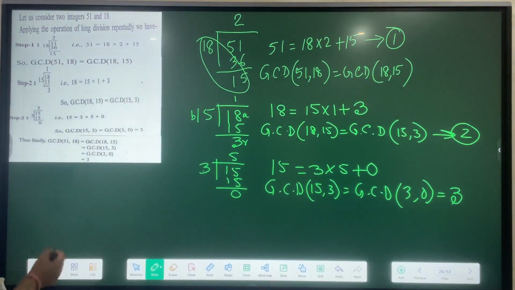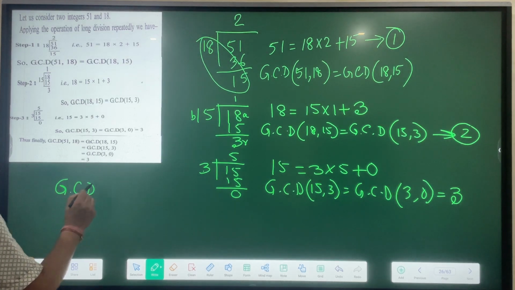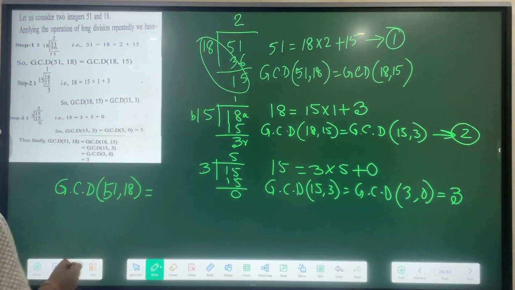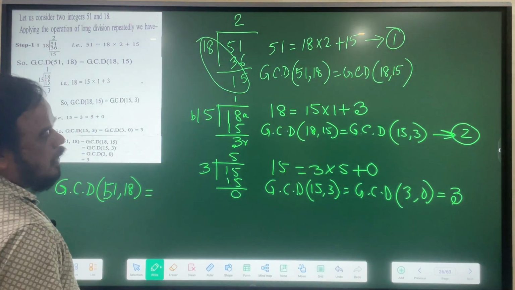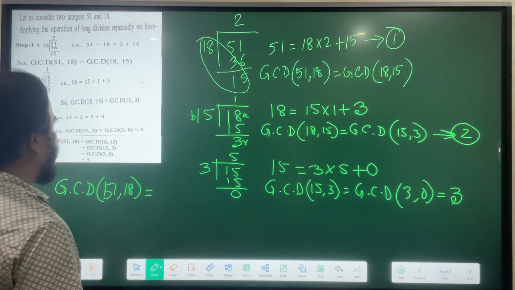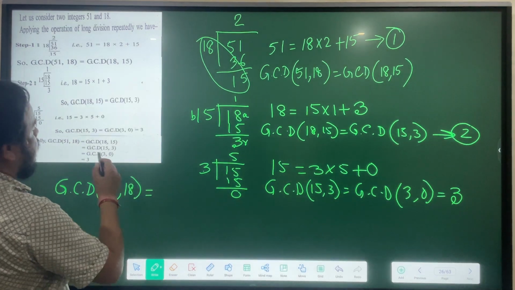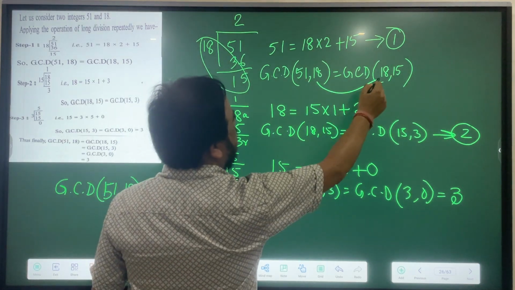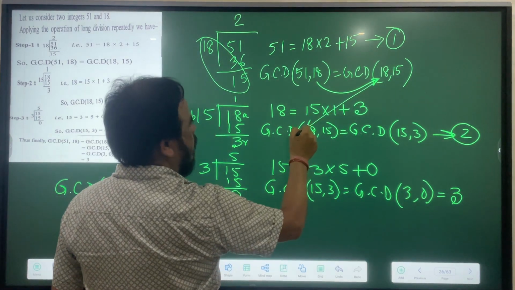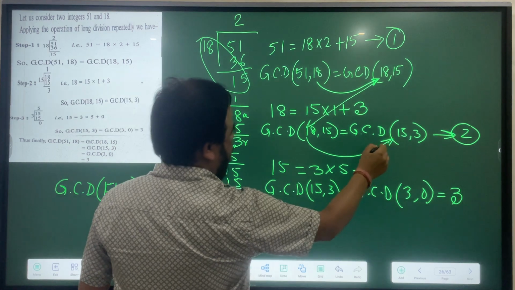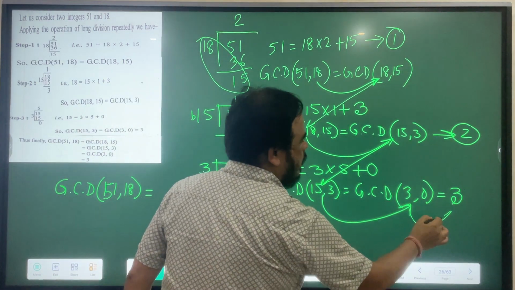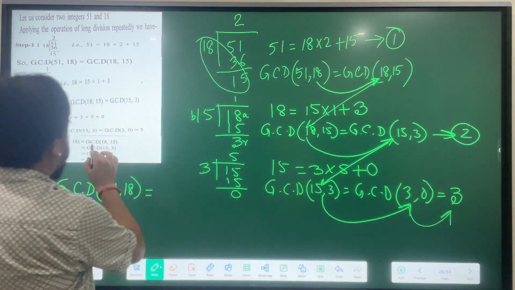So finally what we have got? GCD of 51 comma 18 equals this. This one came here, equals this. This one came here, equals this. This is what is written step by step here.